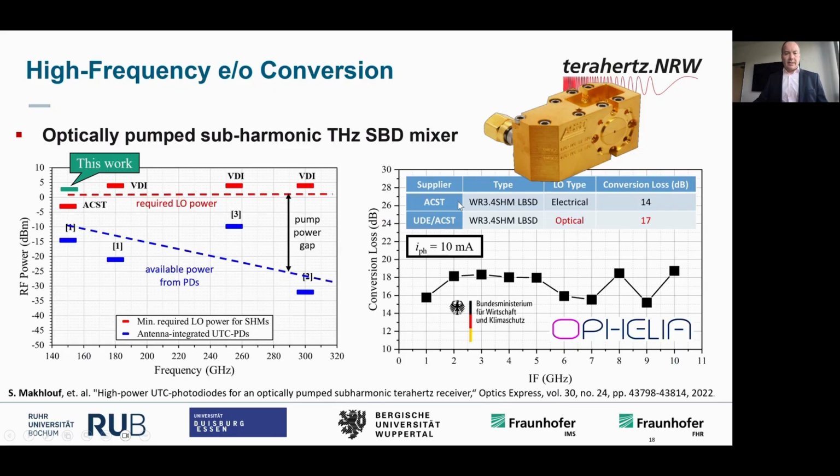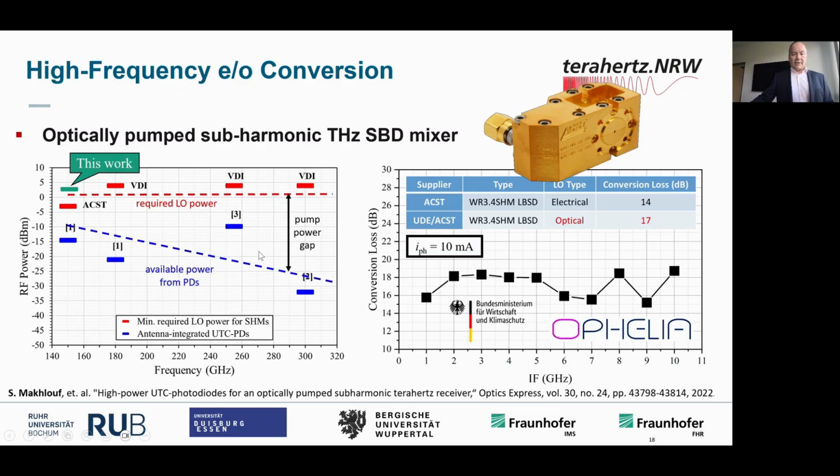The reason is that these mixers in the terahertz domain require a local oscillator power that could not be provided by photodiodes because the photodiode output power was too low. What you see on the left-hand side are the red bars. These are the required LO powers for different types of mixers from world-leading manufacturers like ACST in Germany or VDI in the United States.